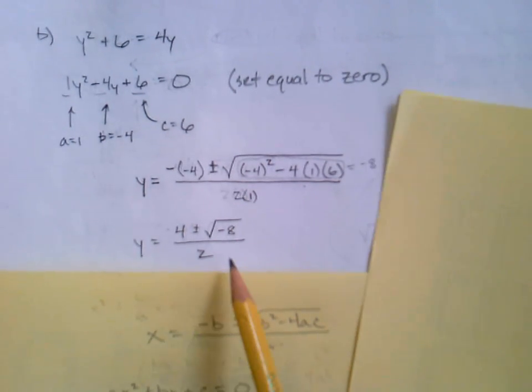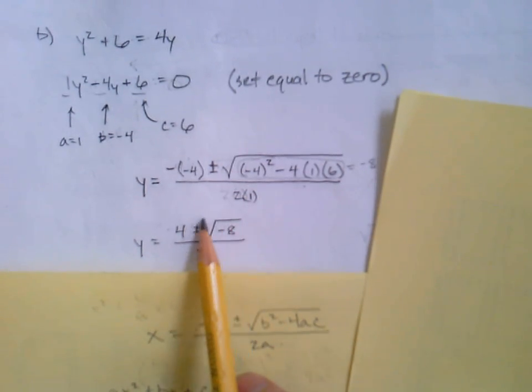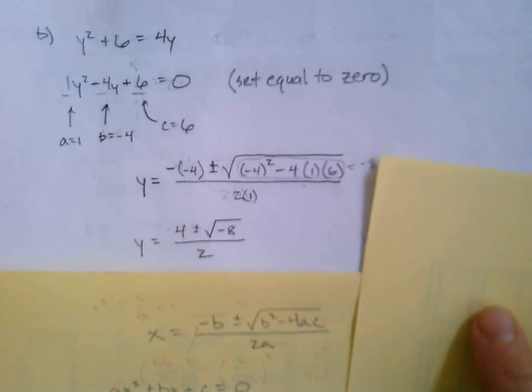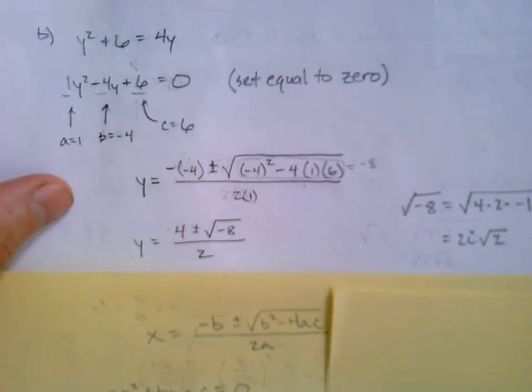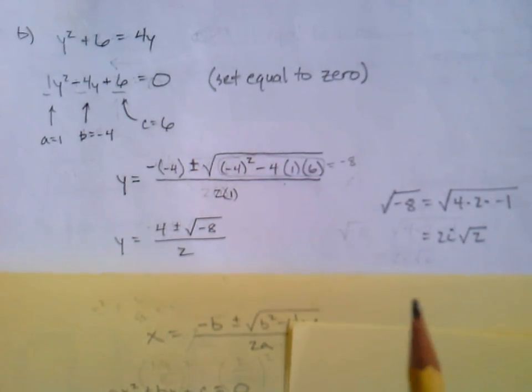Okay. Let's see, square root of negative 8. What I want to do next is try and reduce my square root as much as possible. So I believe that's what I have over here on the side. Good thing we just spent a whole chapter reducing square roots.